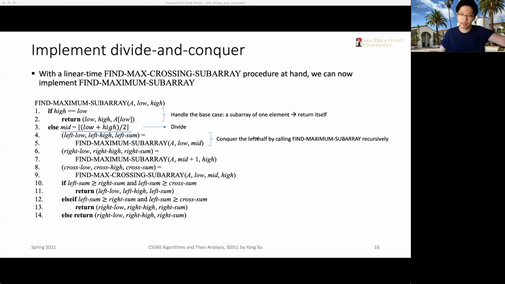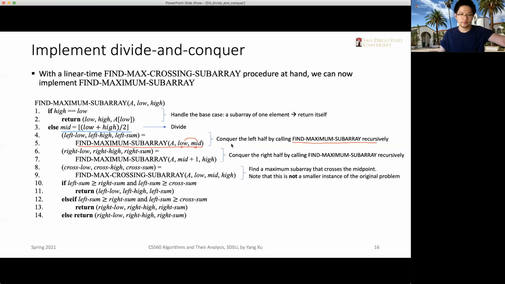We can conquer it by calling the function recursively on the left part. Note that the input indices are low and mid. It's the left part. And we do the same thing for the right: conquer the right, because it's also a smaller instance of the original problem, from mid plus 1 to high.